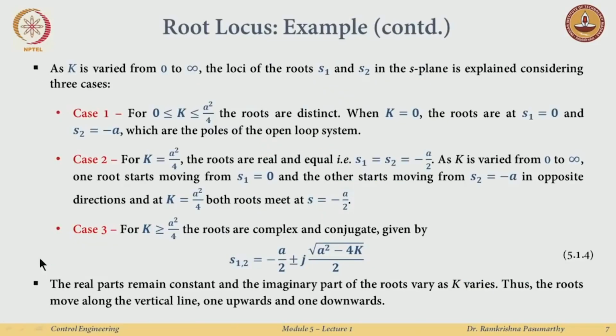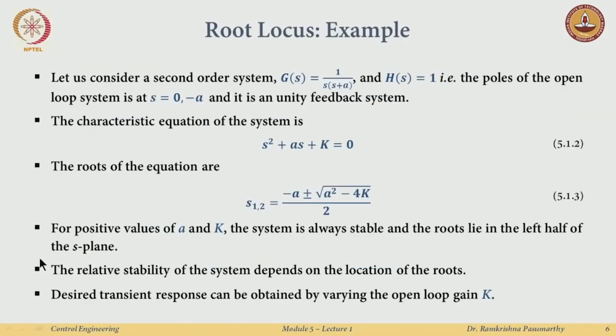So, I start with a second order system. If I were just to draw it, in my forward transfer function I have 1 over s plus a, and H of s is 1, with the usual R and C and so on.